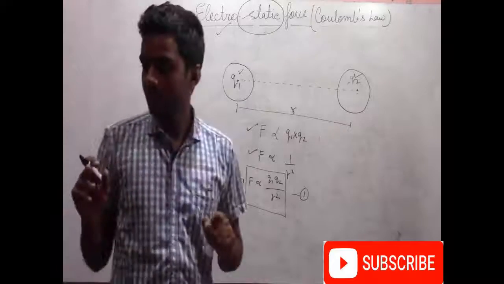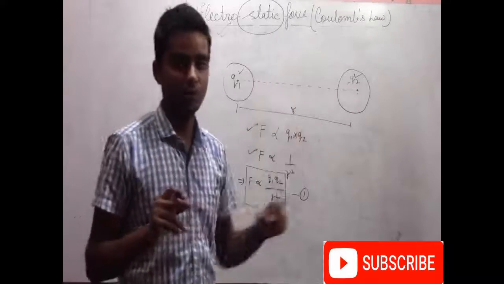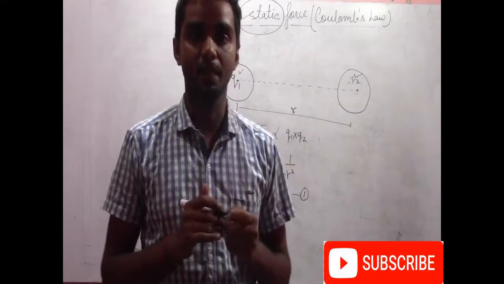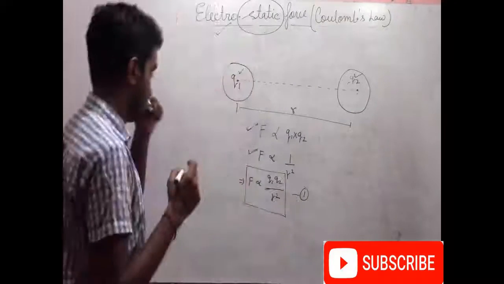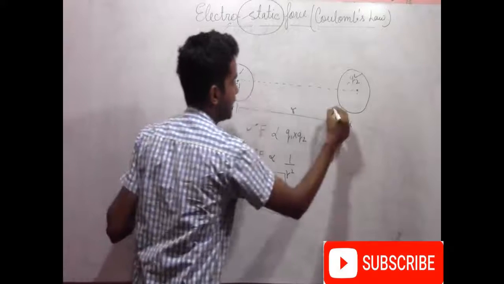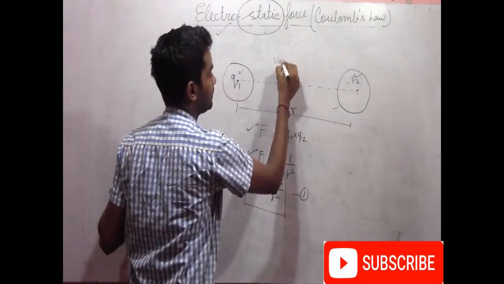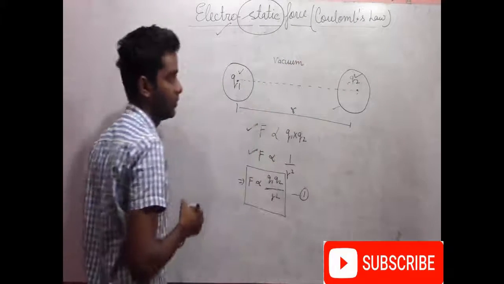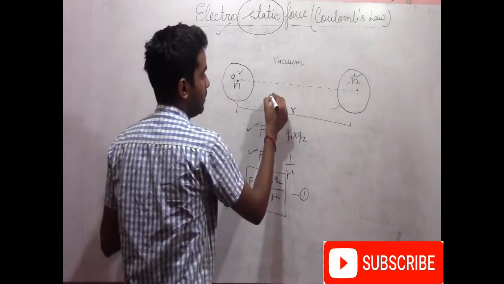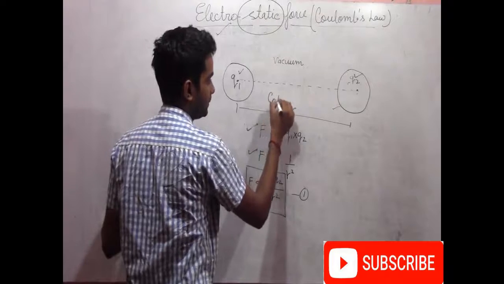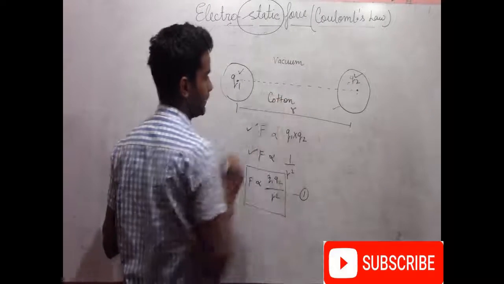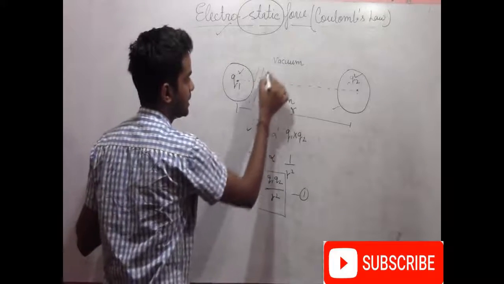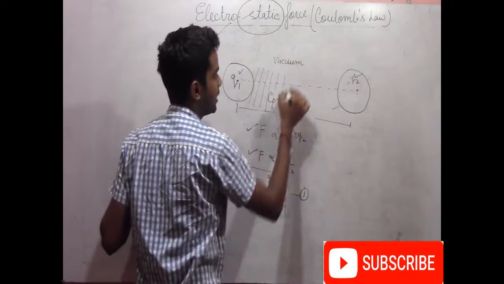The third thing on which the electrostatic force depends is the medium between the charges. What is the medium? Suppose between this charge and this charge there is vacuum, or there may be cotton, anything. Means between this space there may be a different medium.